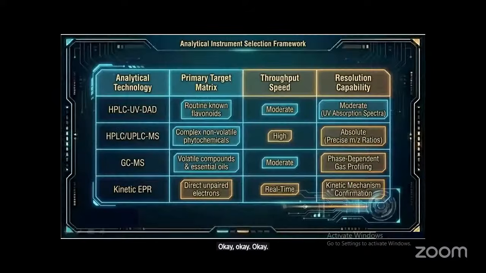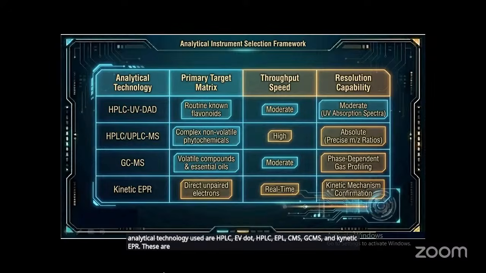Previous slide. Analytical technologies used are HPLC-UV, HPLC UPLC-MS, GC-MS, and kinetic EPR. These are the four varieties of spectroscopic techniques used for the total antioxidant capacity framework.